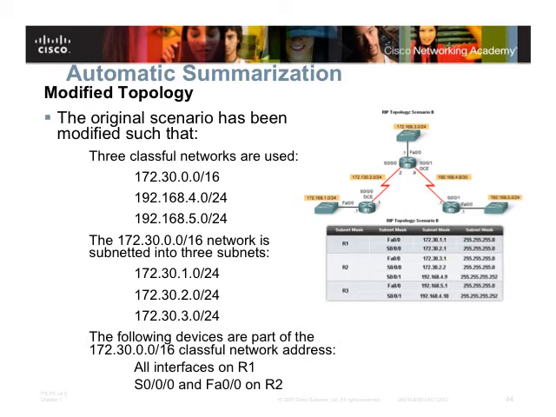If we deal with it as a classful IP address, then we have to use /16 because it's class B, right? But the major network 172.30.0.0 has been subnetted or subdivided into 3 different networks. So these 3 different networks are 172.168.1.0, .2.0 and .3.0 /24.